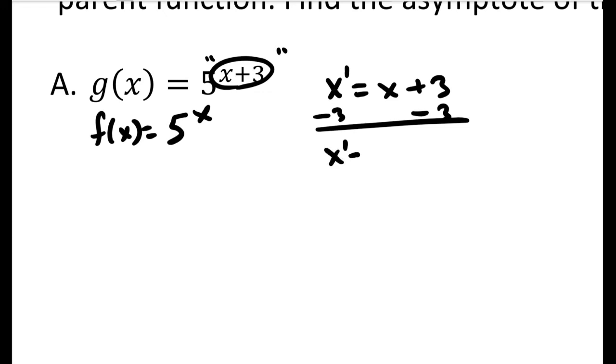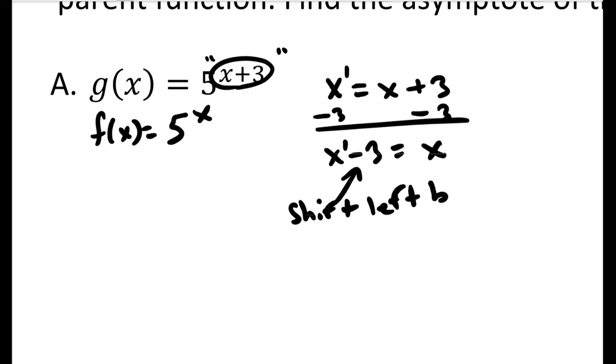So we get x prime minus 3 equals x. And now this is my transformation. So I know that we've got to take the x and subtract 3, which means it really is a shift to the left by 3.